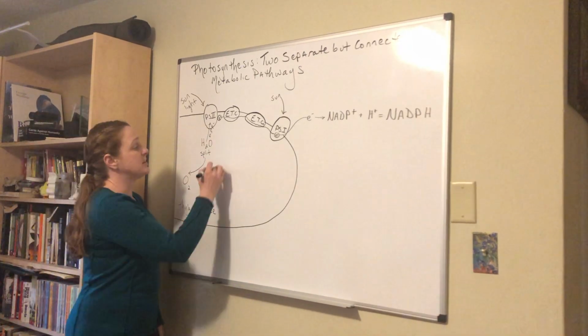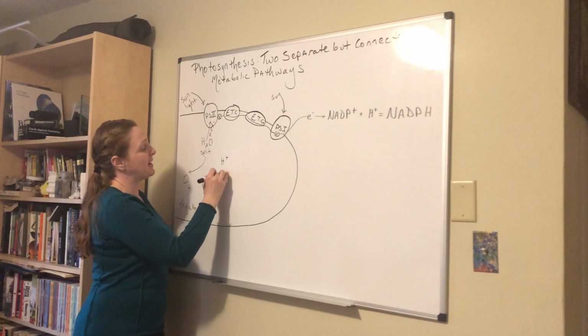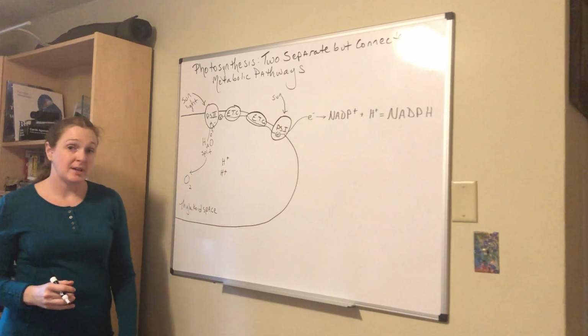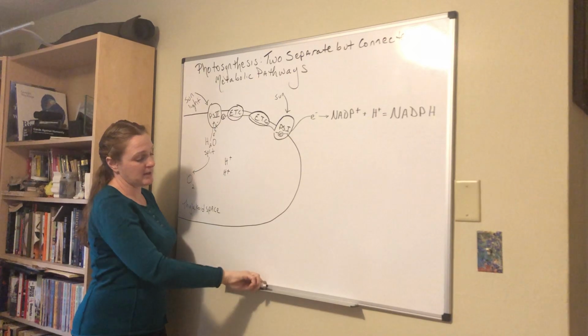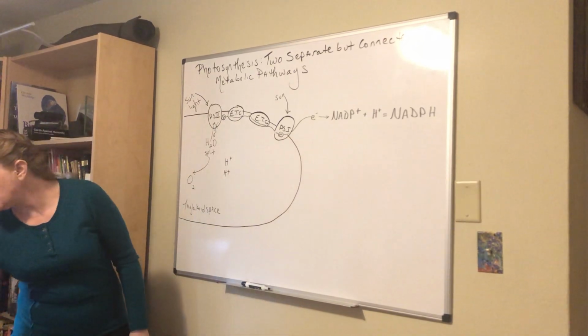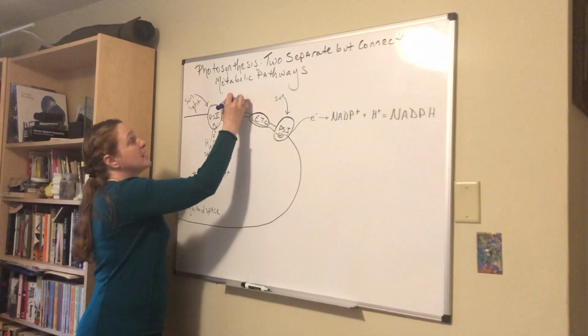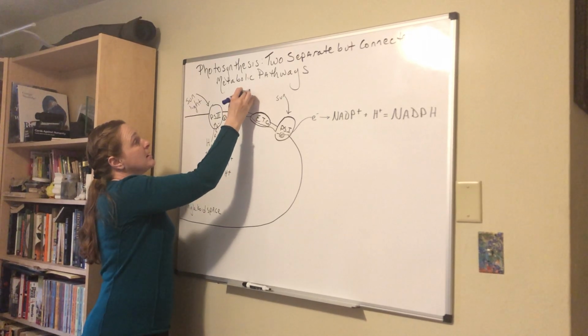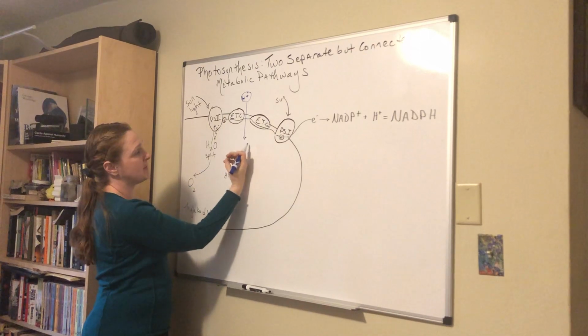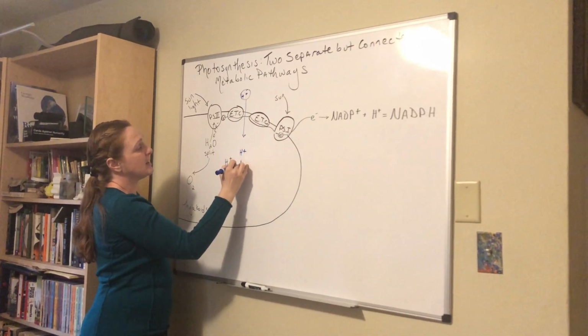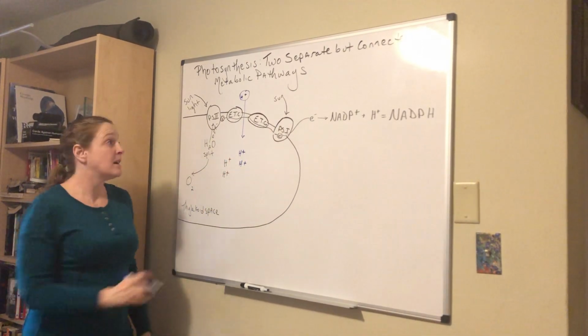When we split water, what's going to be left behind are hydrogen ions. When our electrons were wiggling through the proteins of the electron transport chain, hydrogen ions were pulled and pumped into the thylakoid space.